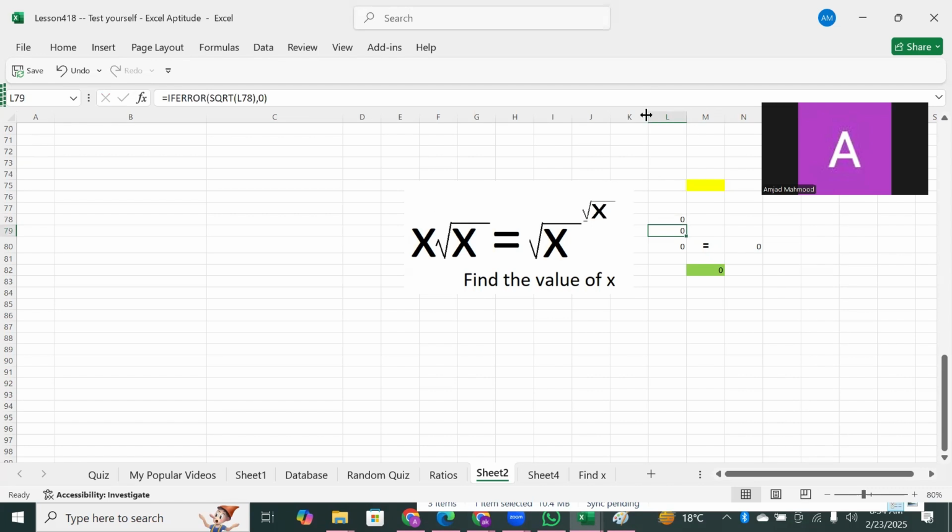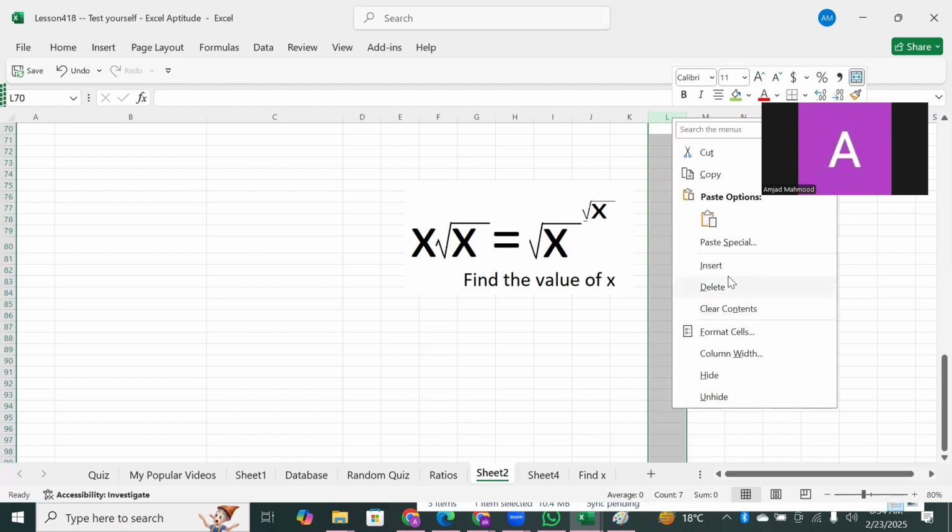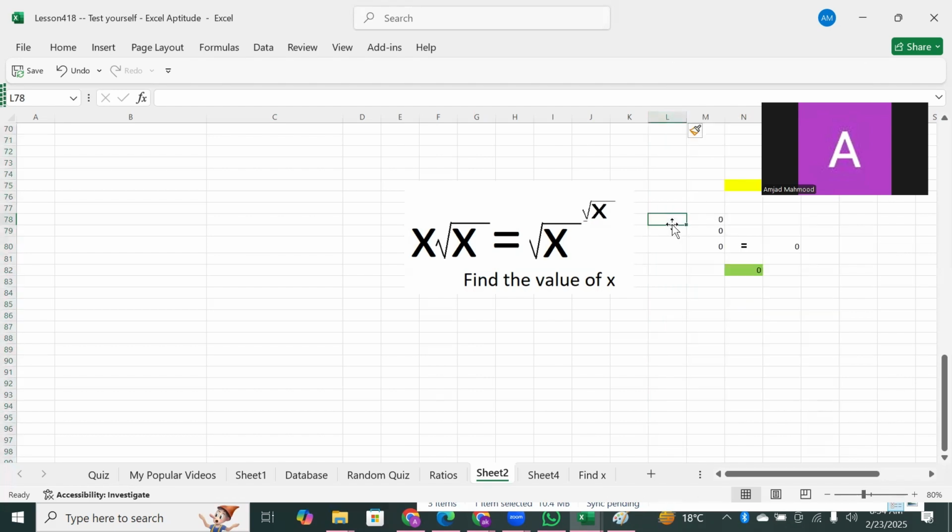So why not we add a column in here so that we know what is being done. So let's add a column and we say that this is x.